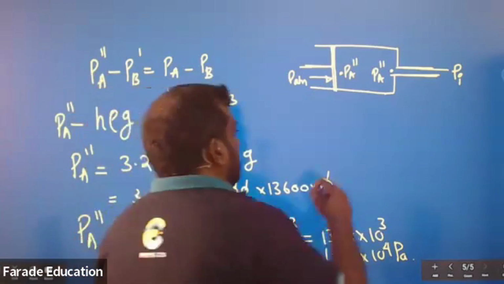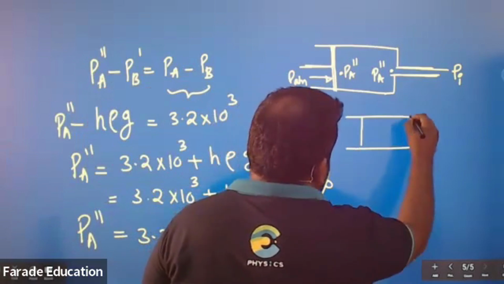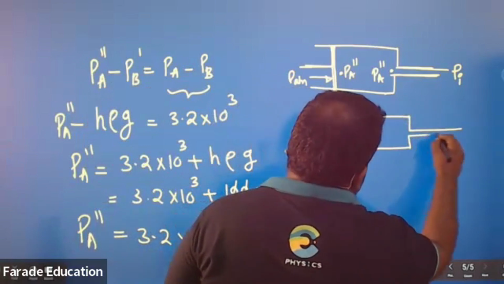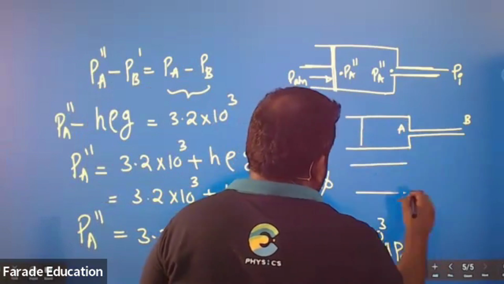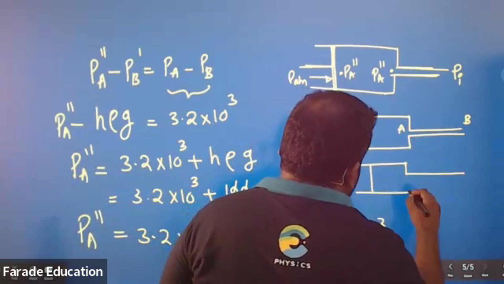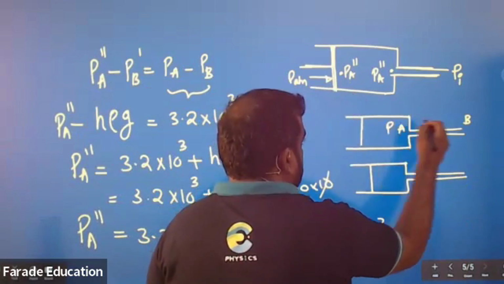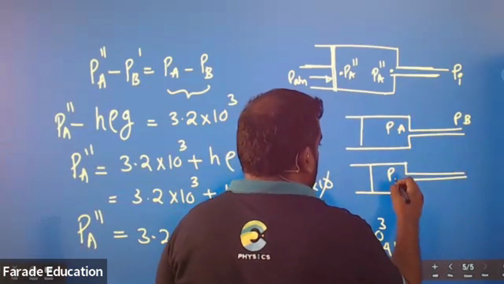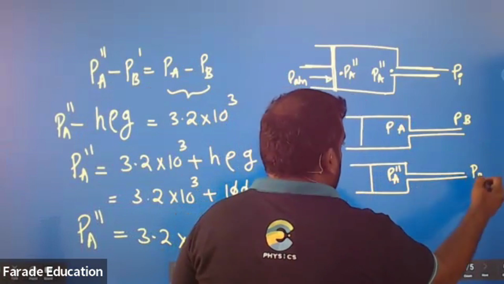Okay. So if I draw it for y'all, this is initially A and B. This is finally, here pressure is PA, pressure PB. Now PA double dash, PB dash.